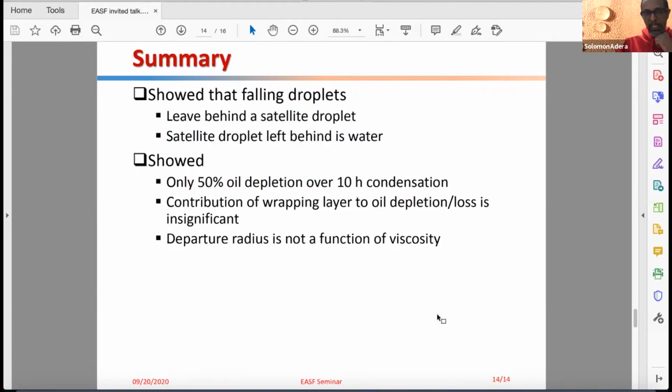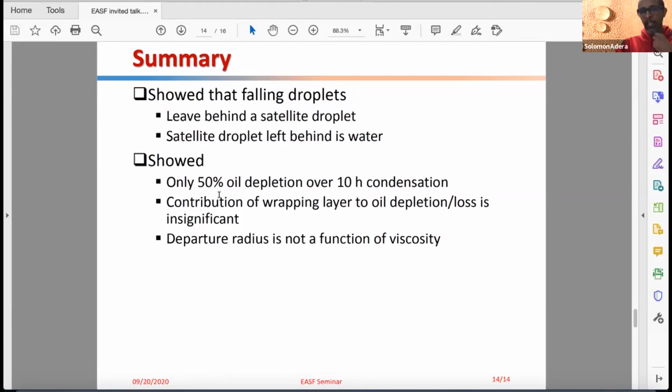So to summarize, we showed in this work that the droplet that's left behind, called the satellite, when droplets are falling, they leave a satellite droplet behind. And the identity of the satellite droplet is water.